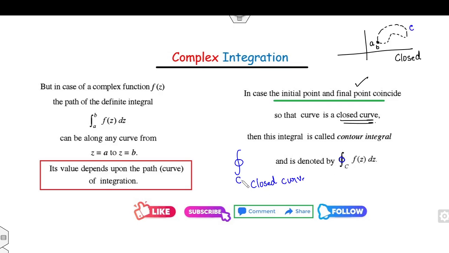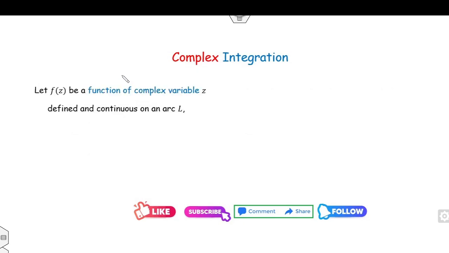Now, if you have a complex function f(z), we all know f(z) is u plus iota v, where z is x plus iota y.